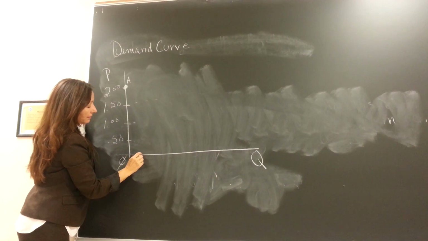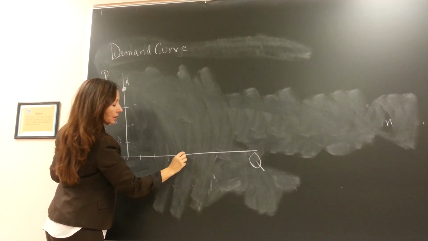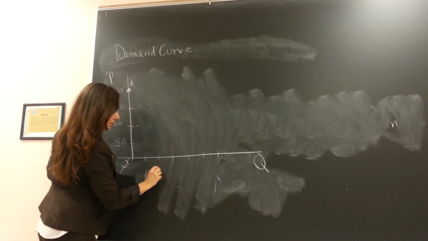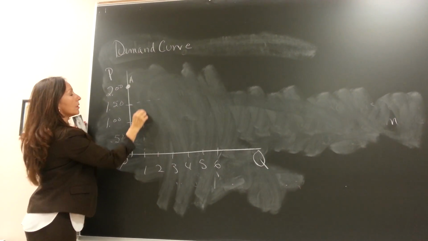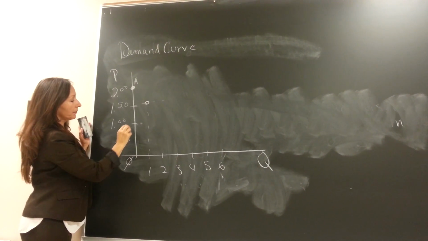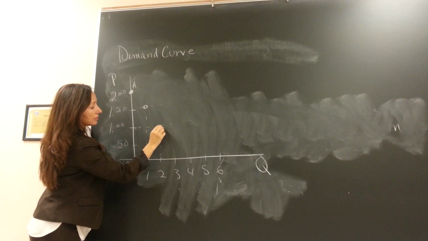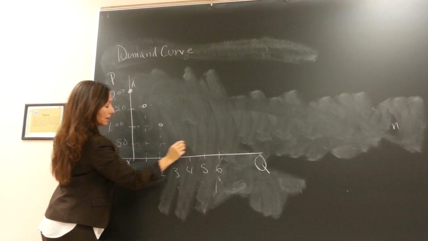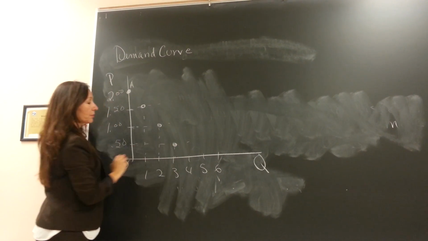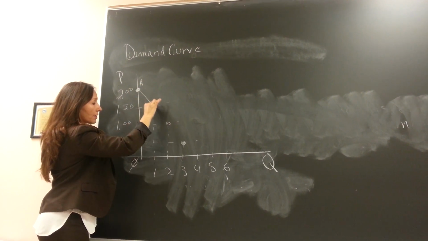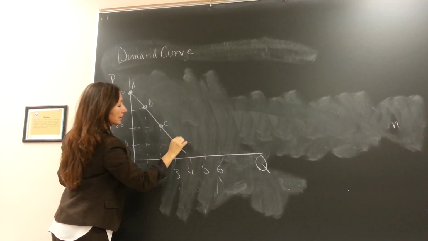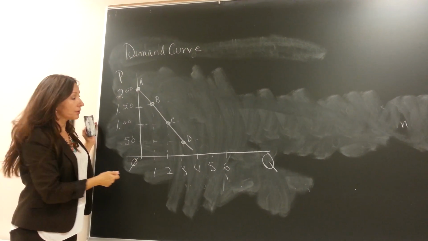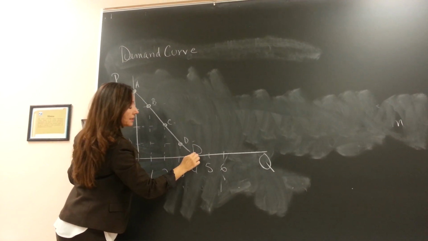At $1.50, one ice cream cone is demanded. At $1, 2 ice cream cones. At 50 cents, 3 ice cream cones. So we can graph it out. Okay, and this is our demand curve. The giant D for demand curve.